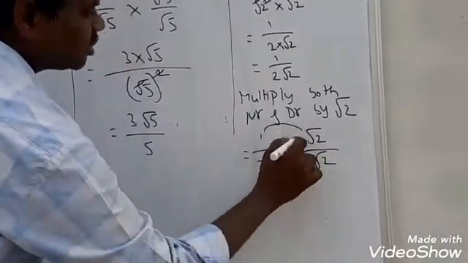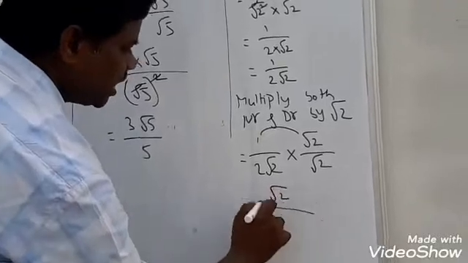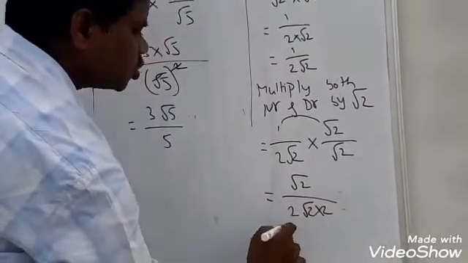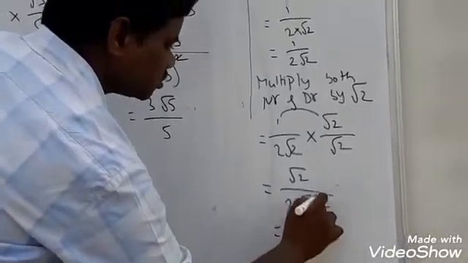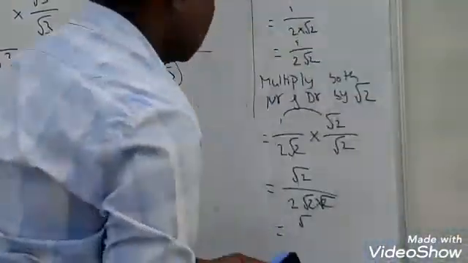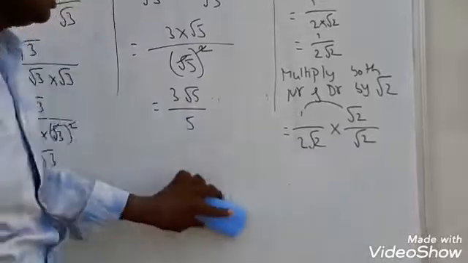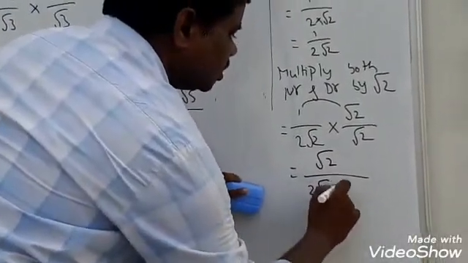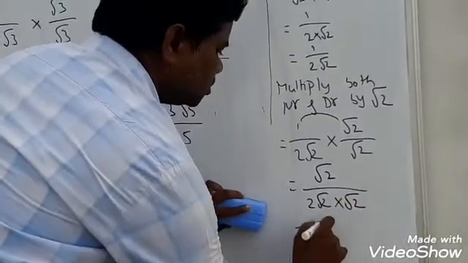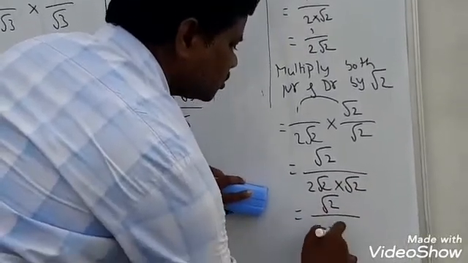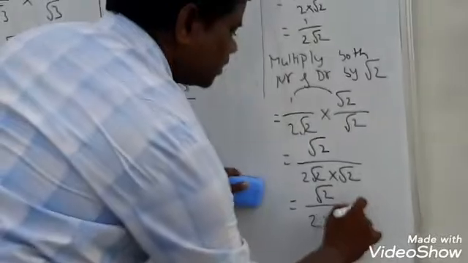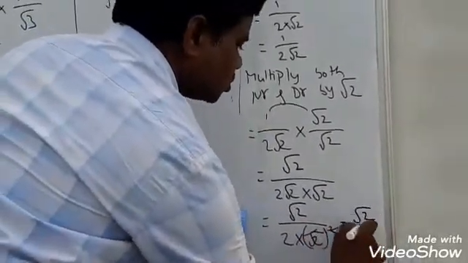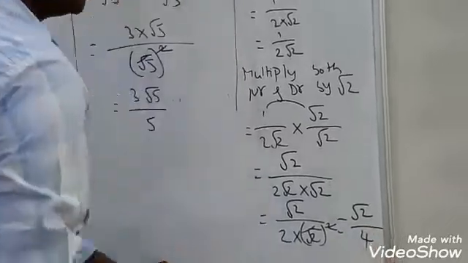If you multiply both, 1 into root 2 means root 2 by 2 root 2 into root 2. That is root 2 by 2 into root 2 whole square. Root 2 into root 2 is root 2 whole square. This and this cancel. You will get root 2 by 2 twos are 4, so root 2 by 4.